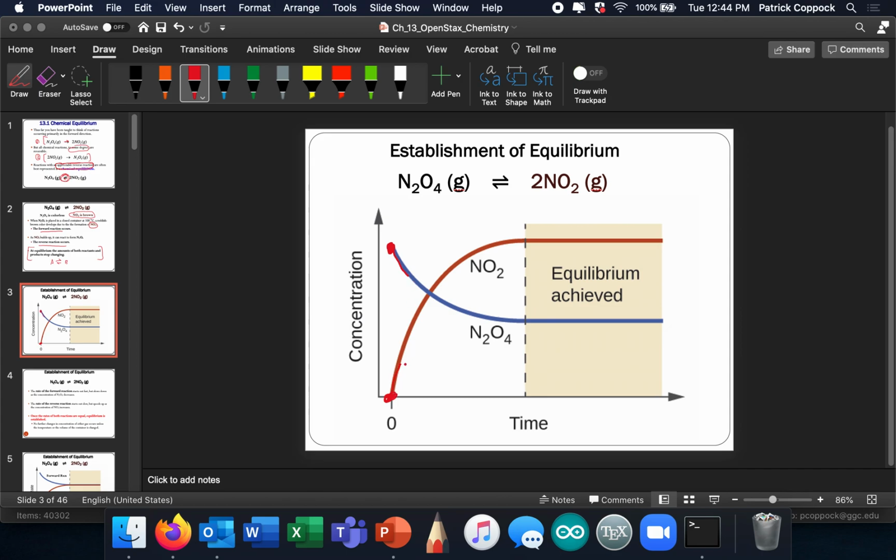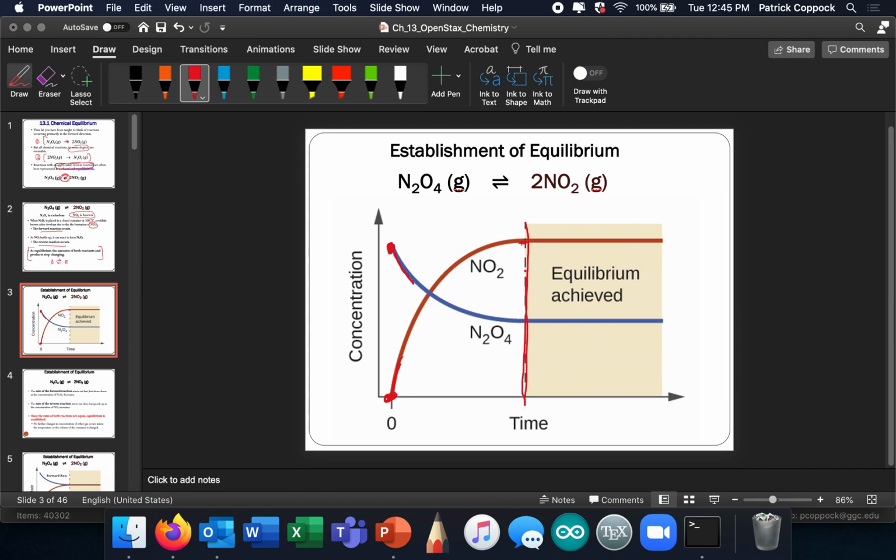So as it's being formed, this is being consumed, this is being produced. And over time, eventually, once it gets to this point here, there's enough NO2 that they actually start bumping together and making N2O4 again. And so this is where equilibrium is, right here.